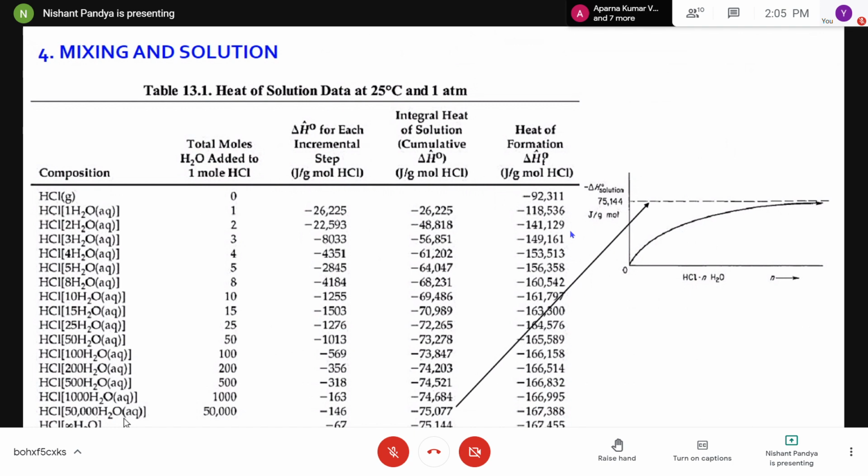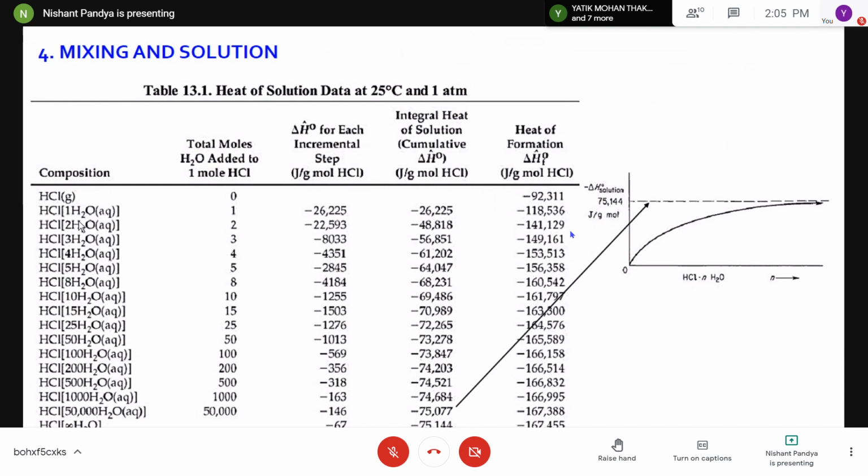That will have a different heat of solution. So if you keep on adding water, the integral heat of solution is cumulative, and this is the incremental. Minus 26,000 joule per gram mole of HCl, that much change will occur when you add 1 mole of water to 1 mole of HCl.